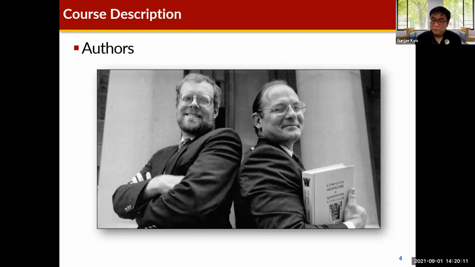Those are the recipients of the Turing Award. That's the kind of Nobel Prize of the computer engineering or computer science field. So very popular. Okay. And also, they invented the RISC type architecture.